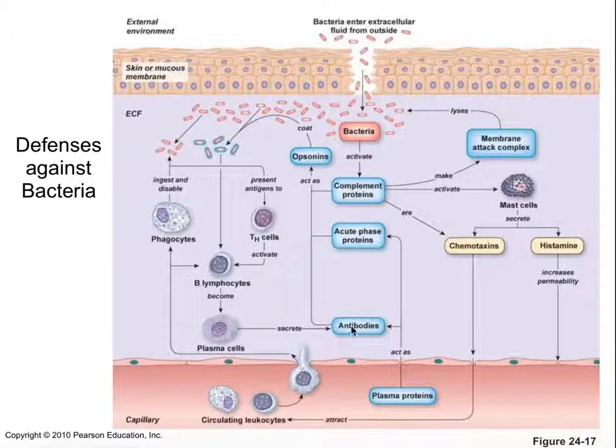Because again, when antibodies bind to our pathogen, that pathogen can't do bad things because now we have an immune complex. And so the more antibodies we have, then our phagocytic cells can one by one come and phagocytose them. Or our membrane attack complexes can come and cause them to lyse.